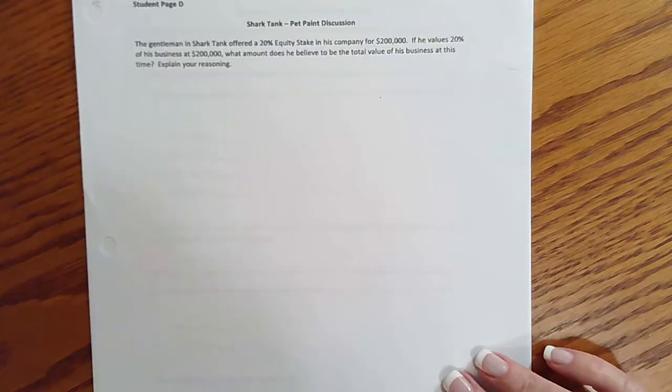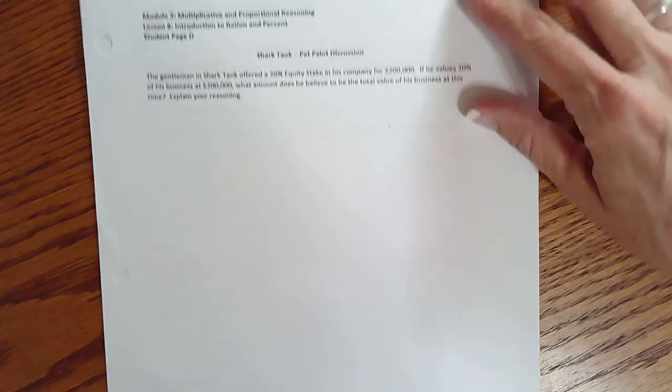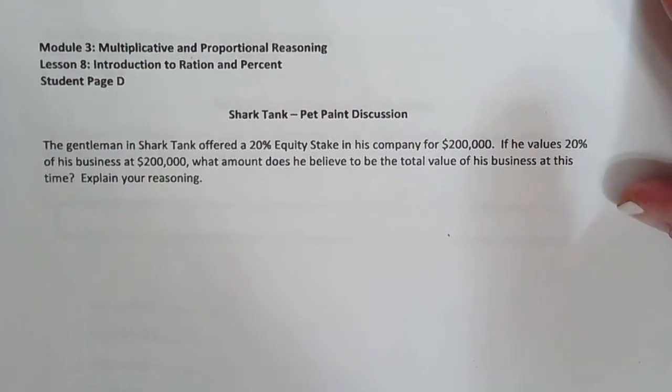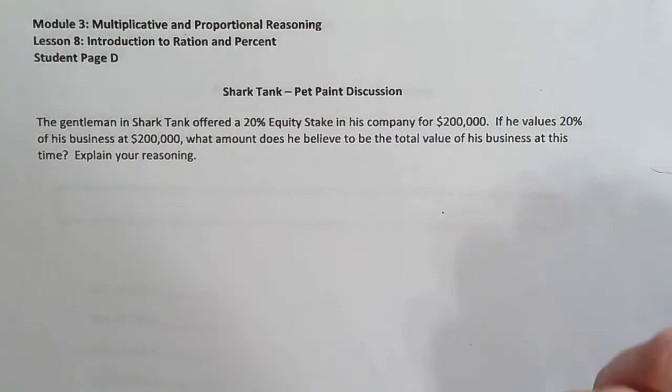Okay, let's go ahead and look at the Shark Tank problem. I love, love, love this problem. This is another one where I show the video. It's a really fun video. They have these pets all prancing around on the Shark Tank, and they're all spray painted, and this person's trying to sell spray paint.